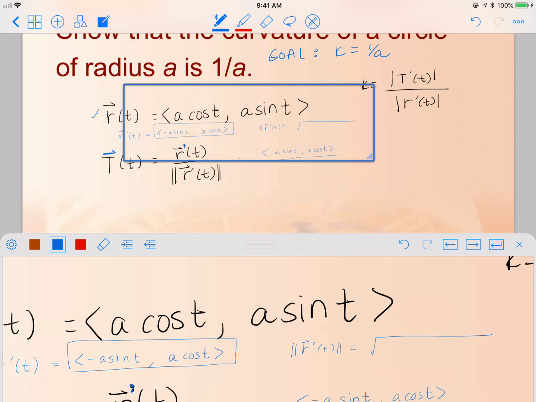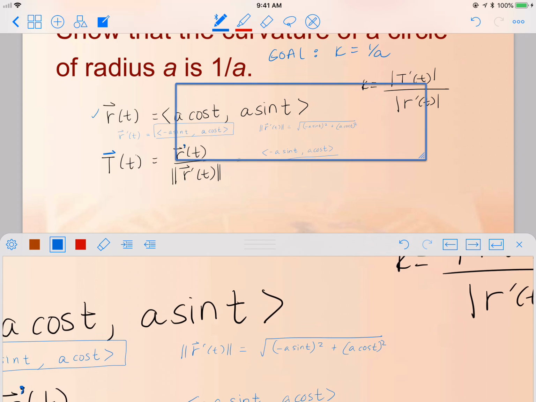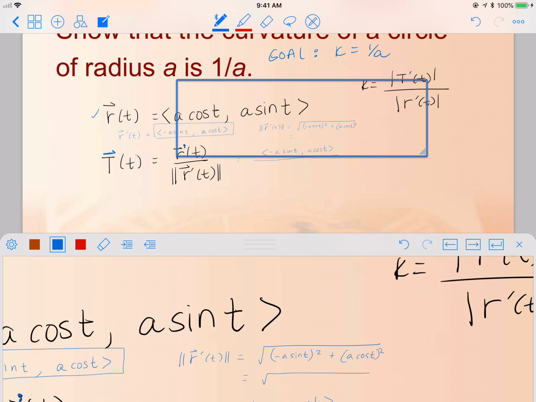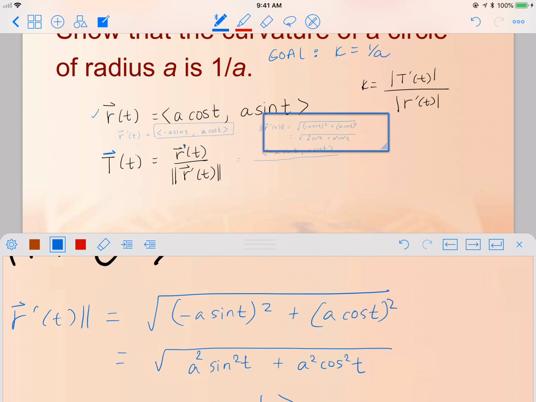I need the square root of the first component squared, a sine t squared, plus the second component squared. And that's just going to be the square root of a squared sine squared t plus a squared cosine squared t. Are you with me here?